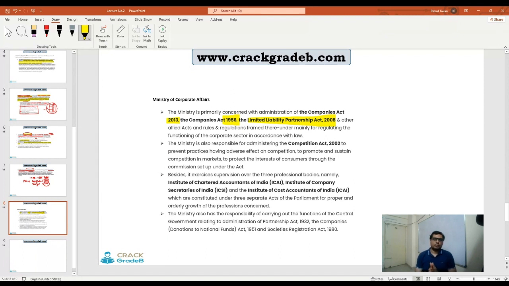Those rules and regulations came first under the Companies Act 1956. However, many things were changed in a very significant manner under the amendment made by the government in parliament in 2013. So the Companies Act 2013 is there, right?